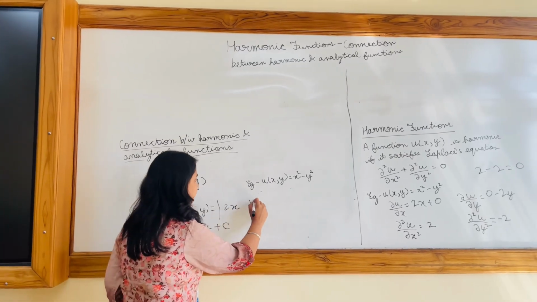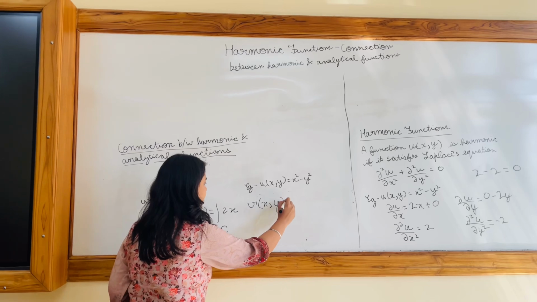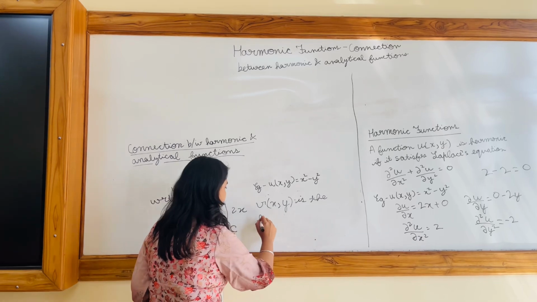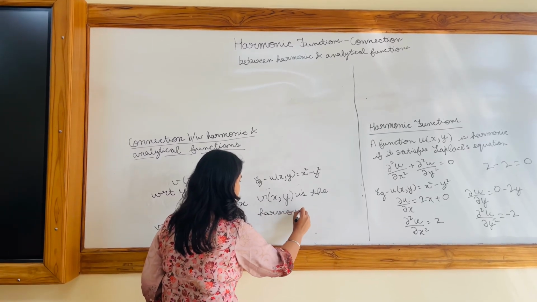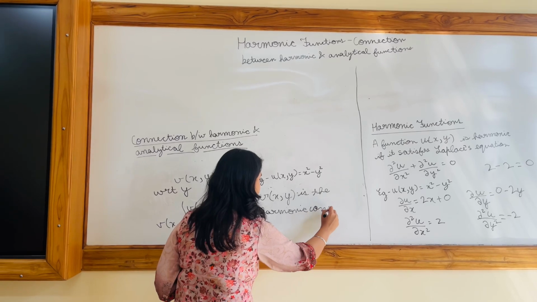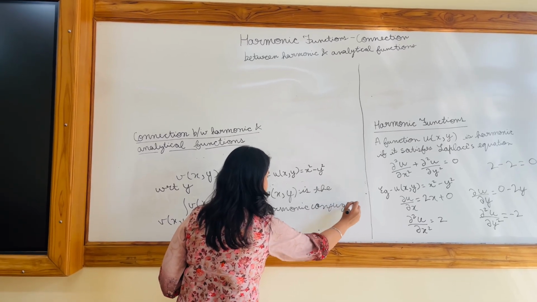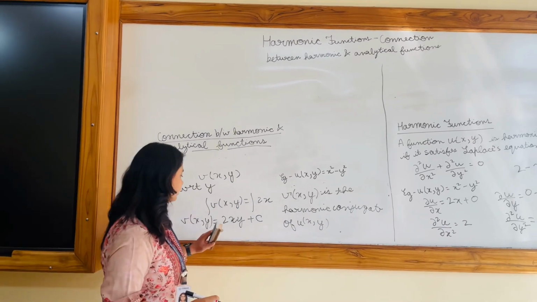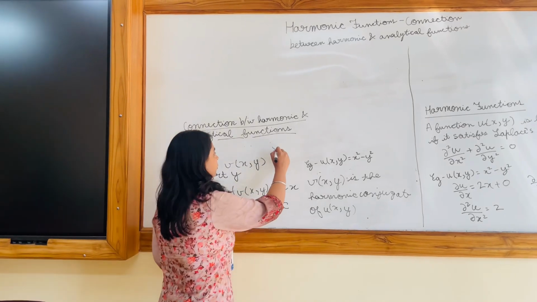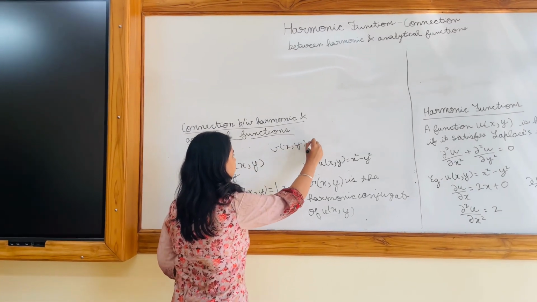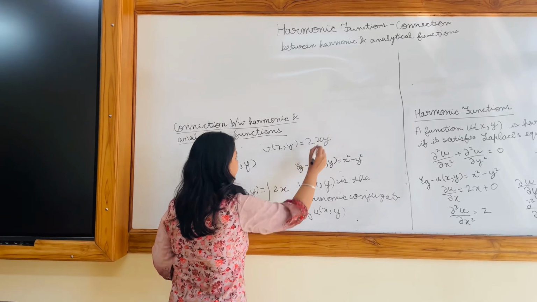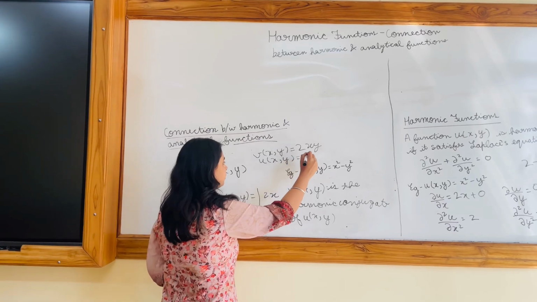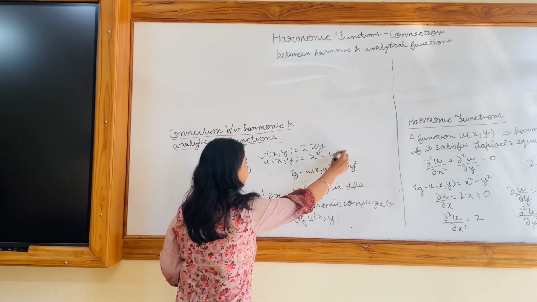So v(x, y) is the harmonic conjugate of u(x, y). We got the value of v(x, y), which is 2xy, and we already have the value of u(x, y).